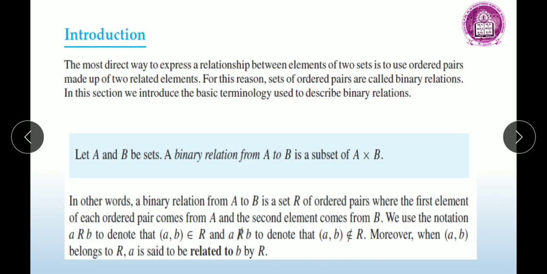We can define a binary relation from A to B as a subset of the Cartesian product A cross B. In other words, a binary relation from A to B is a set R of ordered pairs where the first element of each ordered pair comes from A and the second element comes from B. We use the notation a R b, a related to b, to denote that the ordered pair (a, b) belongs to R, and a not related to b to denote that the ordered pair (a, b) does not belong to R. Moreover, whenever (a, b) belongs to R, a is said to be related to b by R.